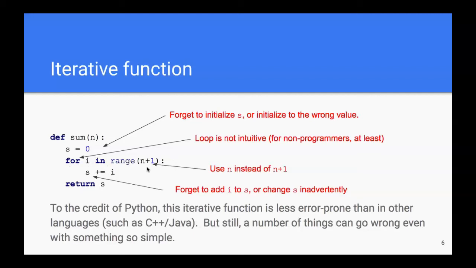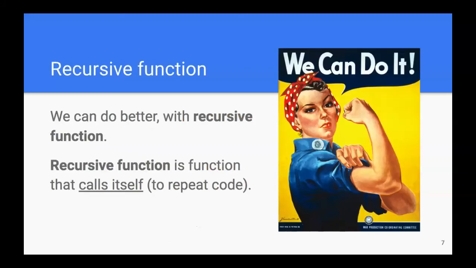But even in Python, as I pointed out, a number of things can potentially go wrong, even in something that is just a few lines. So that serves as a motivation for writing recursive functions.